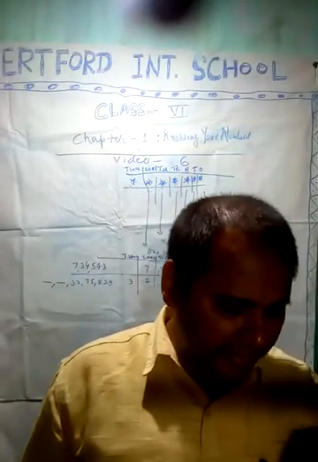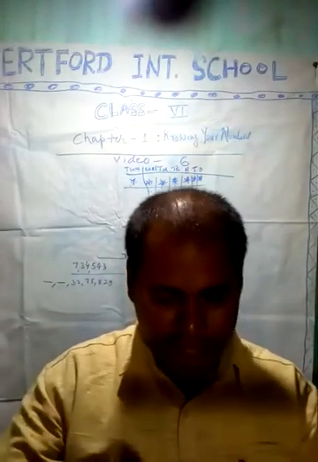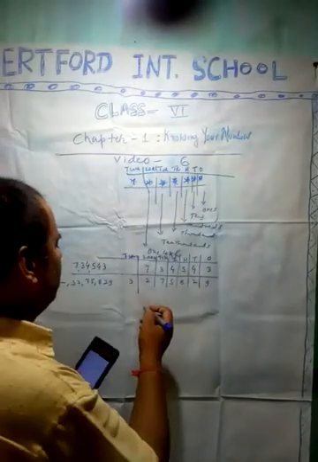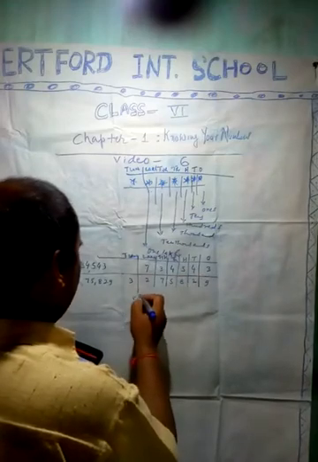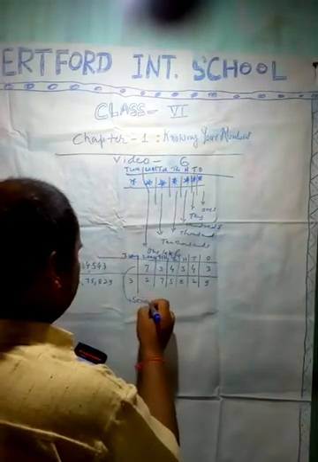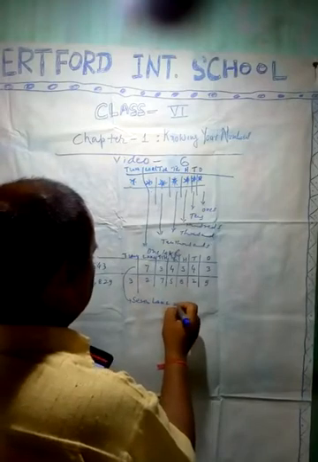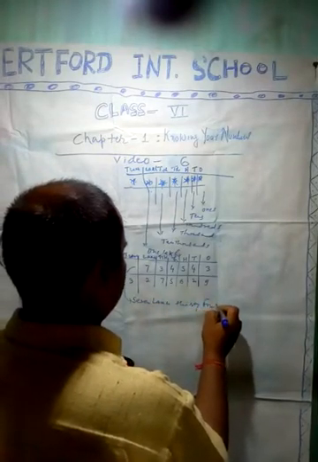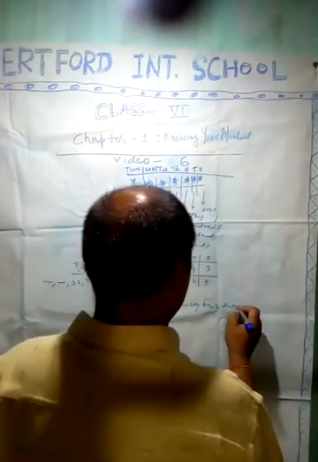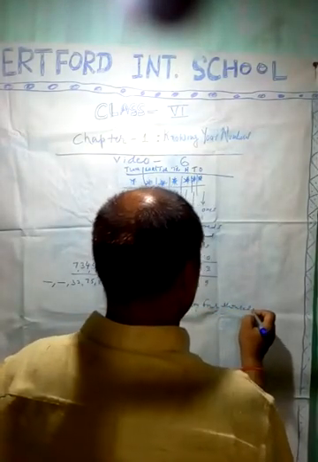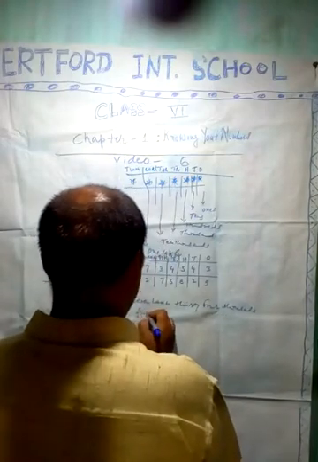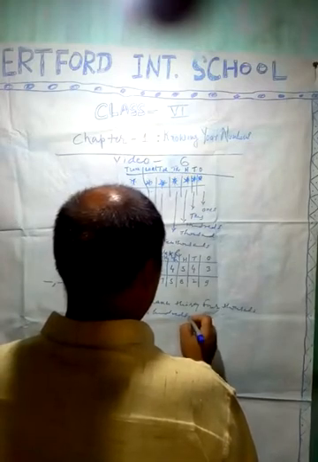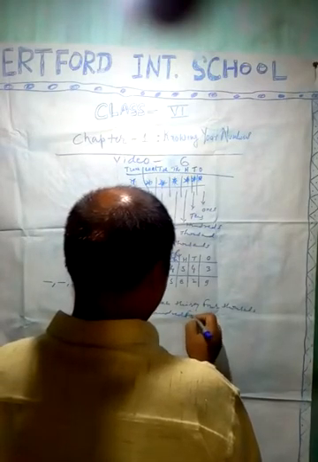While writing number names, we do not use commas. We will write here 7 lakh 34,543.